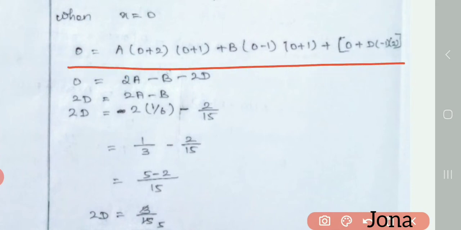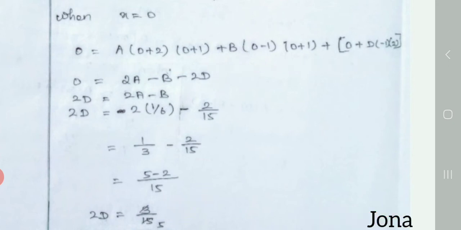And then simplify. If we simplify this, you can get 0 equal to 2a minus b minus 2d. Okay, and then already we found the values of a and b. So substitute these two values here, and then simplify, you will get the value of d now.